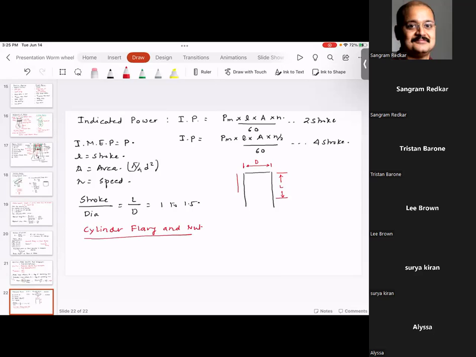So this is the cylinder, and what we want to do is design something like this, which is pi by 4.